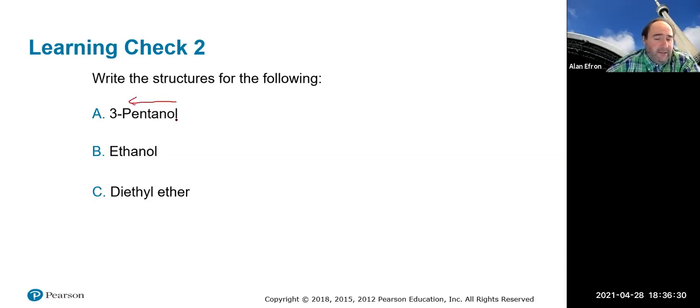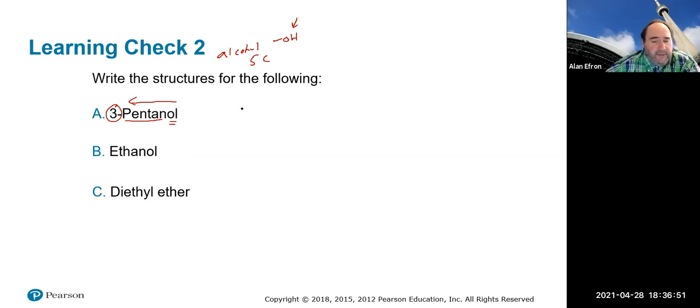So it does tell us a couple of important things. First off, we see the OL, so that should mean alcohol. That means it should have an OH group. The pentane part of it tells us it's 5 carbons, and the 3 in this case would be where the location of that OH group would be.